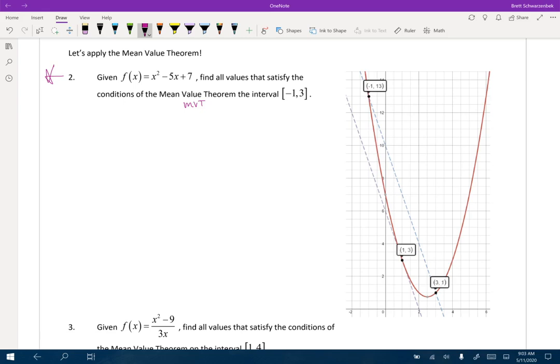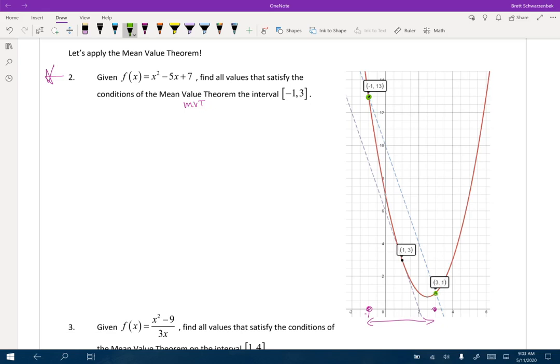We are on the interval -1 to 3. So we're going from -1, which is right here, to 3, which is about right here. This is our interval. On our graph, that's this point and this point.